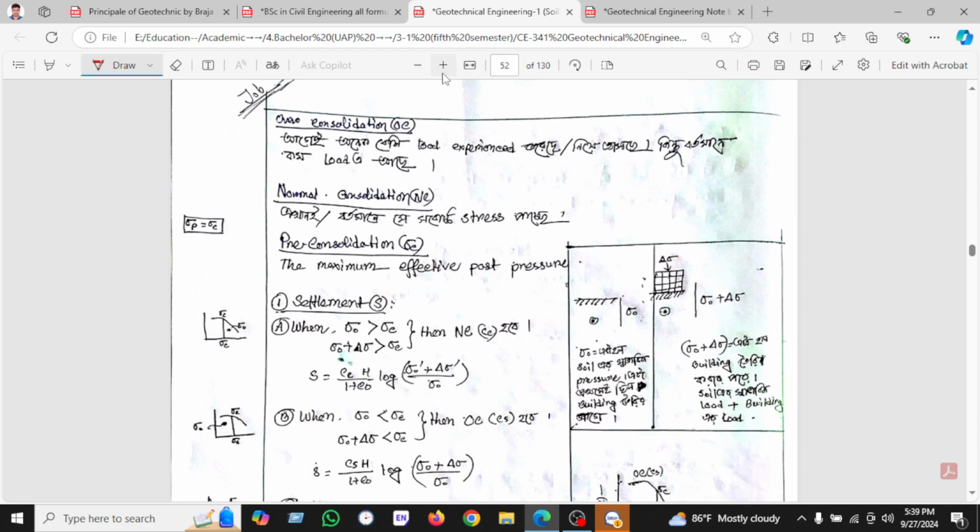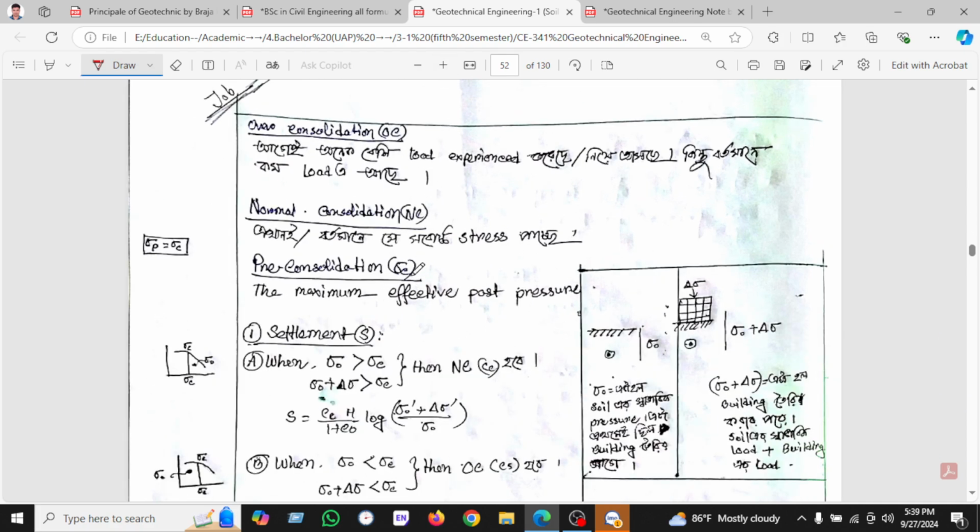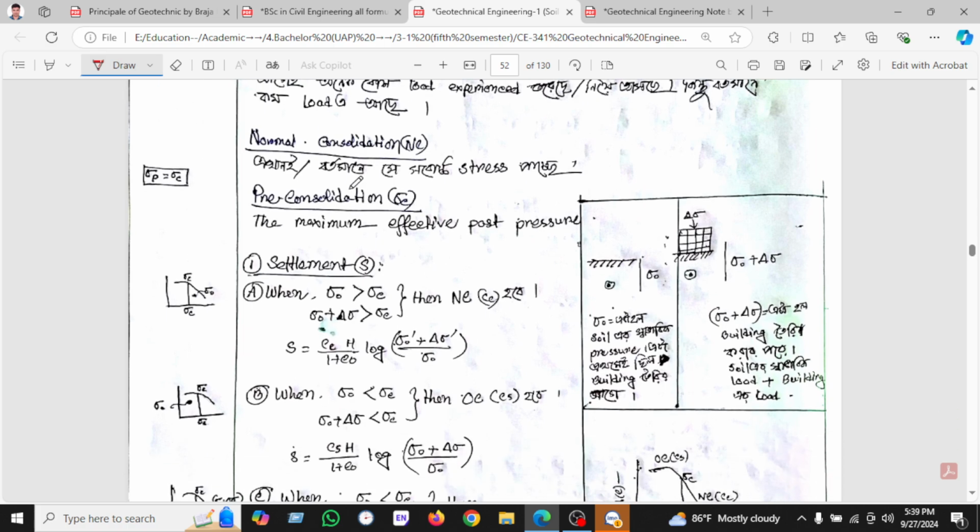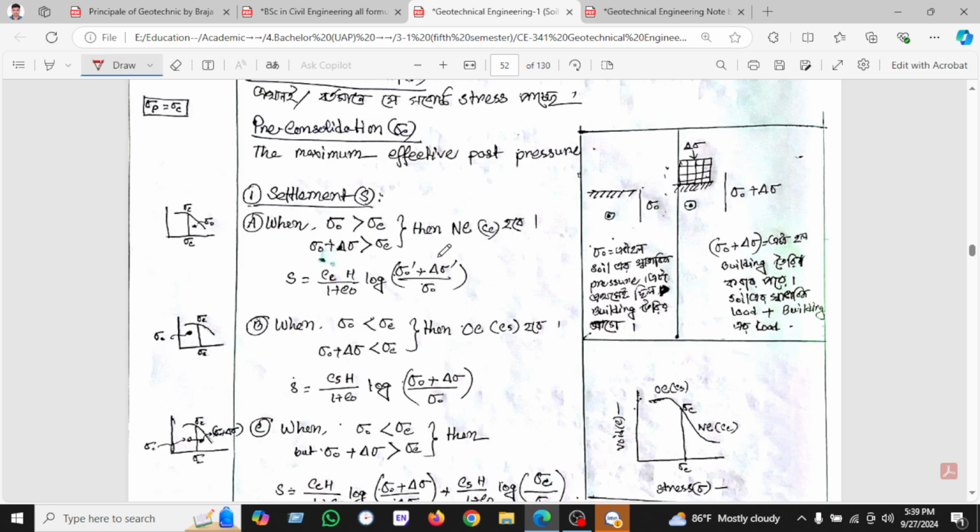So before we go on, we are seeing some formulas here. The over-consolidation is here, the normal consolidation is here, and pre-consolidation is the maximum effective stress, as we know. Now the settlement: when sigma is greater than sigma naught or sigma c, then we will use the normal consolidation settlement formula, which will be this.